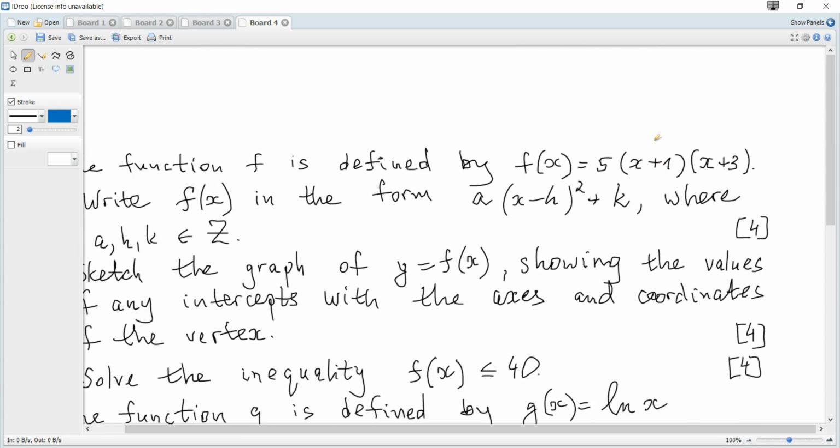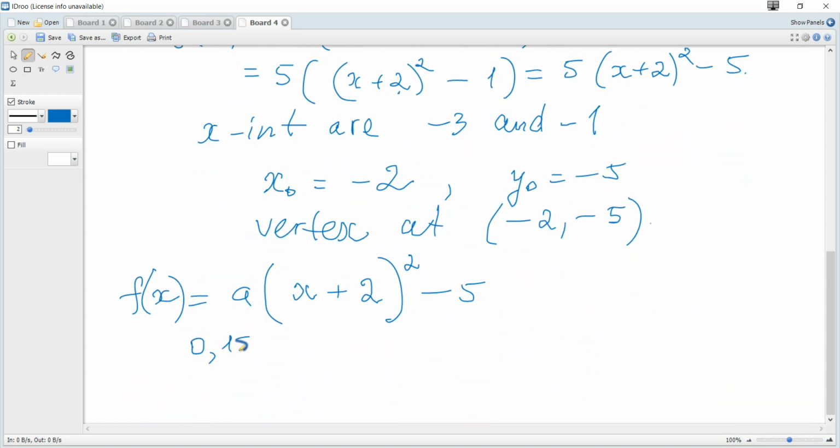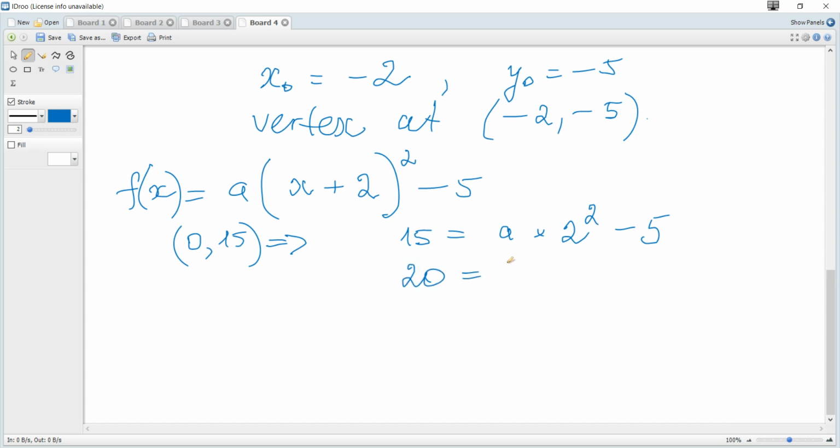It would be easy to consider when x is 0, you get that y is 15, and substituting 0, 15, we get that 15 is a times 2 squared minus 5, and it's 20 is 4a, so a is 5.